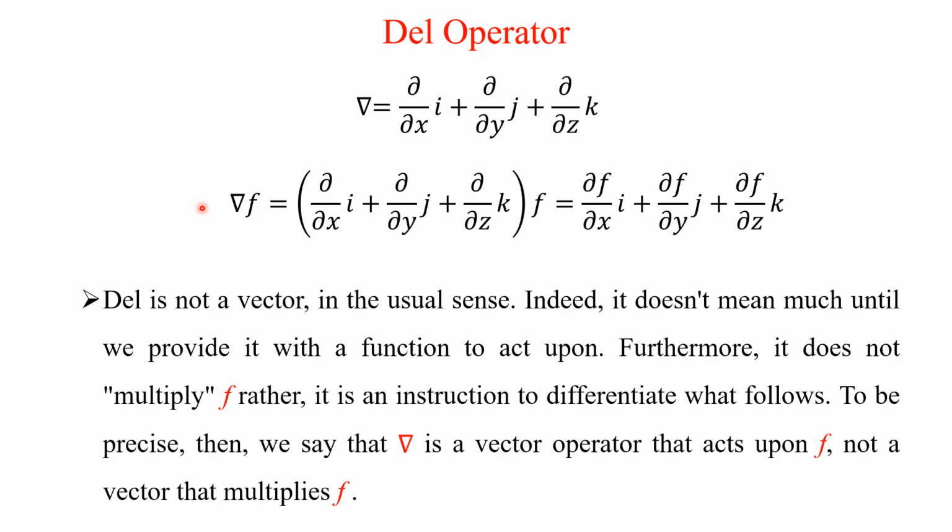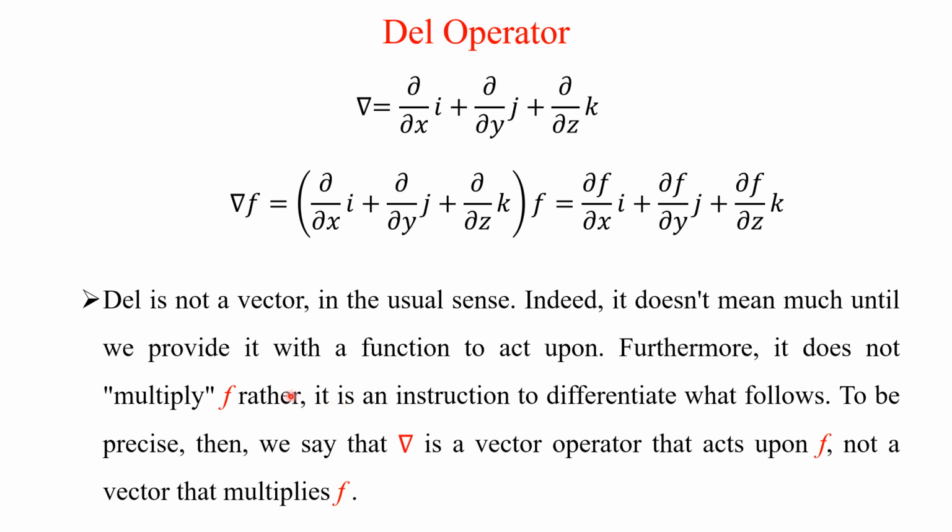Remember that del is not a vector in the usual sense. In fact, it does not mean much until we provide a function for it to act upon. So it depends on which function it acts upon. Further, it does not multiply f, rather it is an instruction to differentiate.